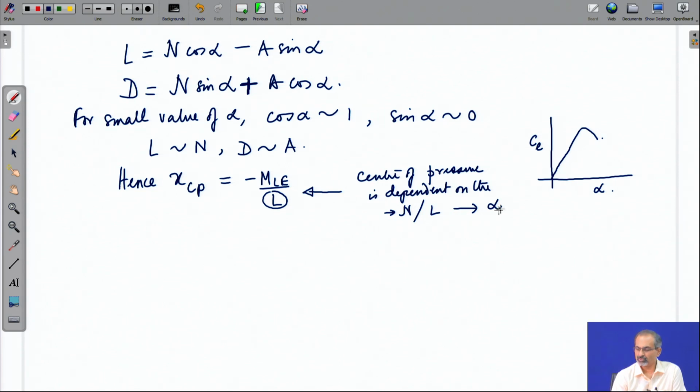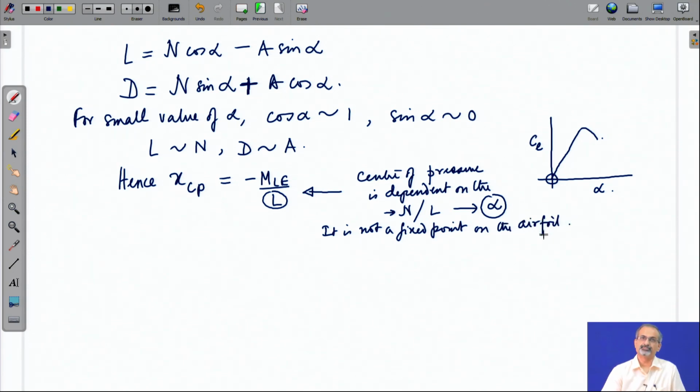So, they are strongly related, correlated with alpha, and therefore, as alpha changes their value change, and as you get closer to smaller values of N or L, then x_cp becomes exceedingly large, and in the limit it goes to infinity. Therefore, it is not a fixed point on the airfoil, it moves around as a function of angle of attack.